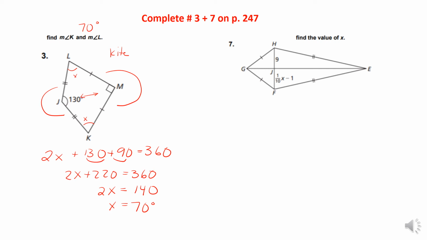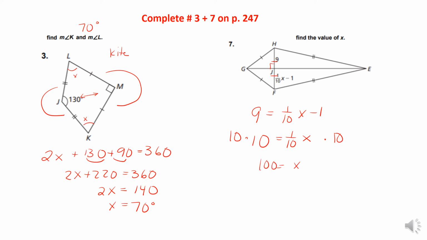Now for this one, we know that these are congruent. GE is a perpendicular bisector of HF. So I know that 9 equals 1/10 x minus 1. I'm going to add 1 to both sides. I get 10 equals 1/10 x. Multiply both sides by 10, and x equals 100.